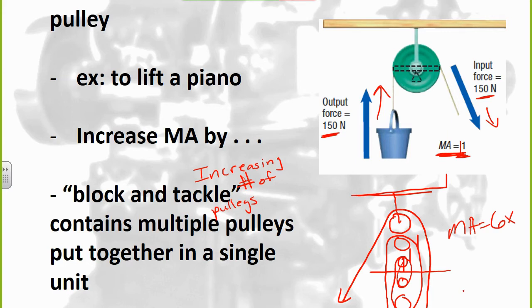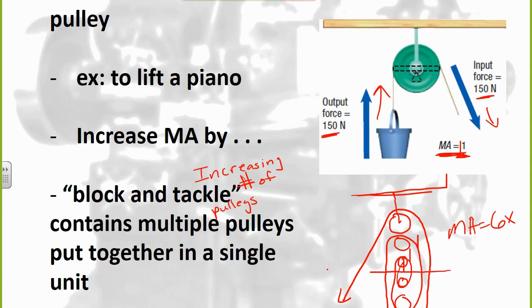So if I had a piano, let's say the piano is attached to this part down here, and you're trying to lift a piano up to the first or second floor or something. If that piano weighed 1,000 pounds, or about 1,000 newtons, then my pull on here would be 1/6 of that. So what's 1/6 of 1,000?